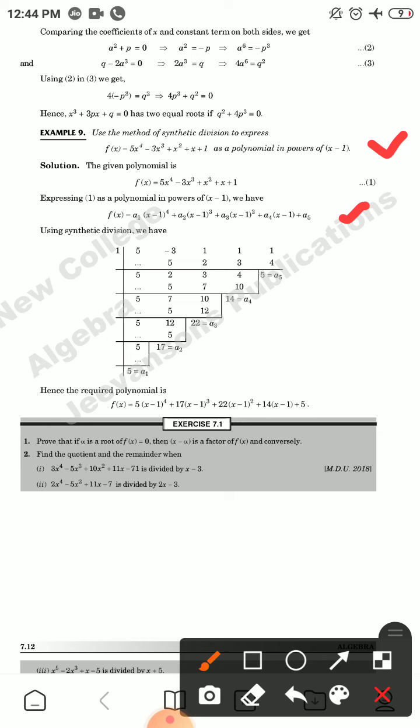Using synthetic division and dividing by 1, we get the coefficients of this polynomial as a1 is 5, a2 is 17, a3 is 22, a4 is 14 and a5 is 5. Hence the required polynomial is fx is equal to 5 into x minus 1 raised to power 4 plus 17 into x minus 1 raised to power 3 plus 22 into x minus 1 square plus 14 into x minus 1 plus 5.